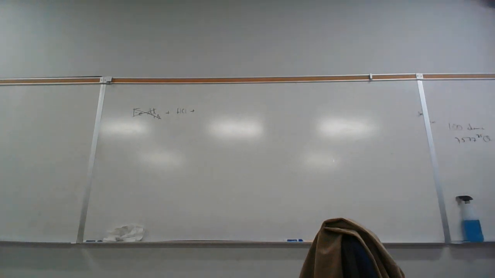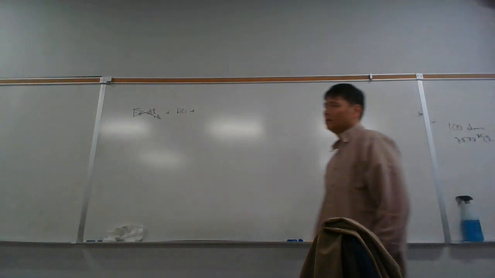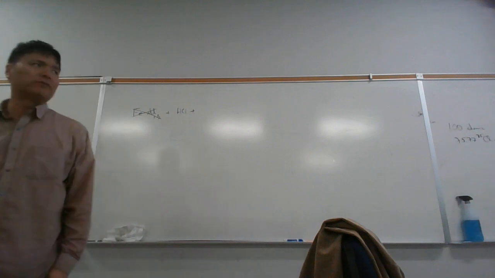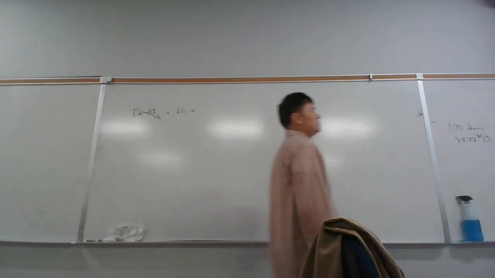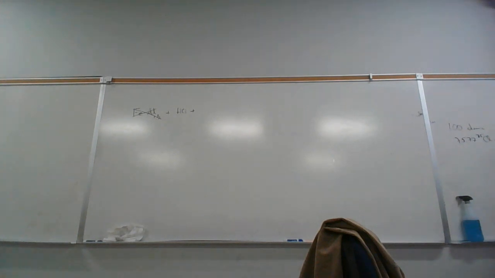If we have 56 grams of iron, it produces 2 grams of hydrogen, because a mole of H2 is about 2 grams. And then this is 2 moles of aluminum. Aluminum is 27, so 2 moles would be 54. So this is 55, this is 54 grams of metal. 54 grams of aluminum produces 6 grams of hydrogen. And so the aluminum produces a lot more hydrogen per gram than iron, right? So aluminum should be at the higher end.